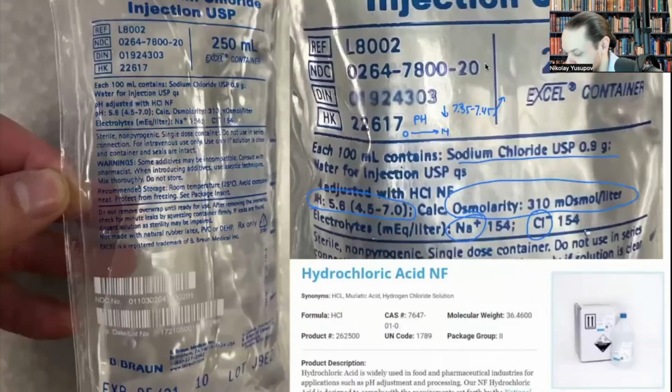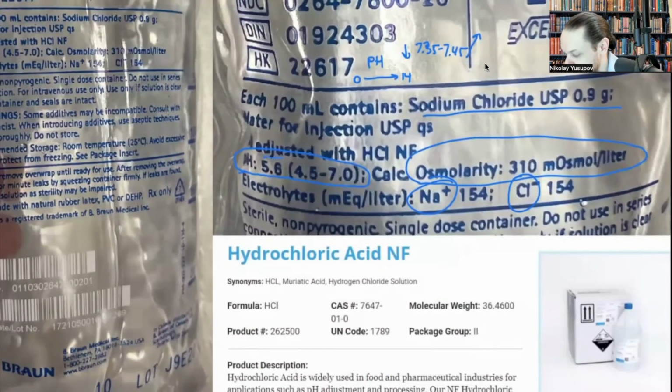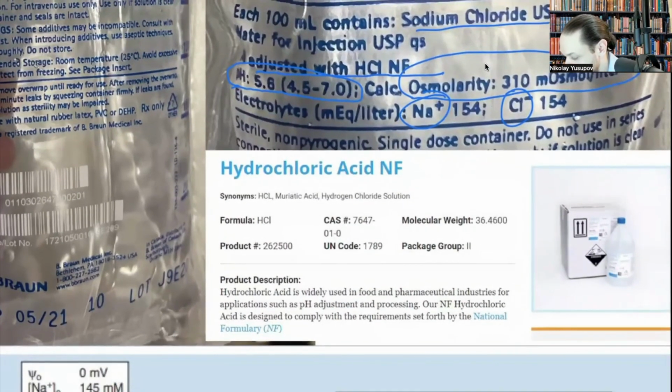They say here you see they adjusted with HCl, that's basically hydrochloric acid, and this is the adjusted pH set forth by the National Formulary, NF. So they adjust the pH, but still it's not in the same pH range as your blood. So be cognizant of that, right?